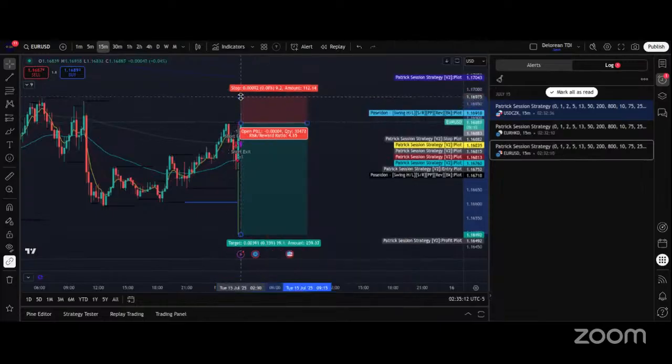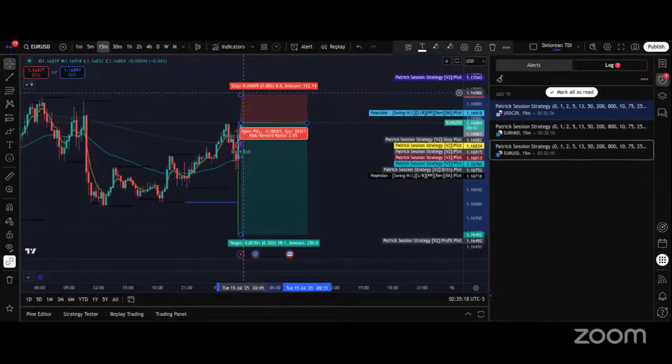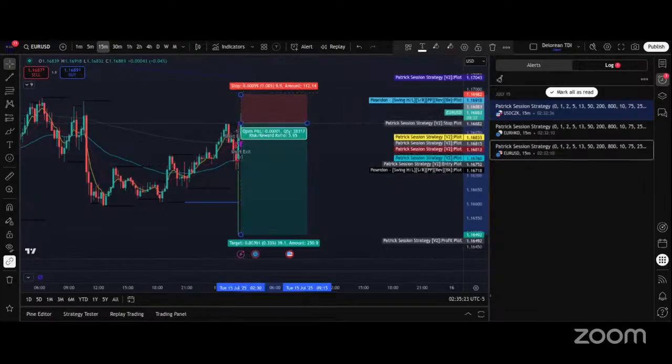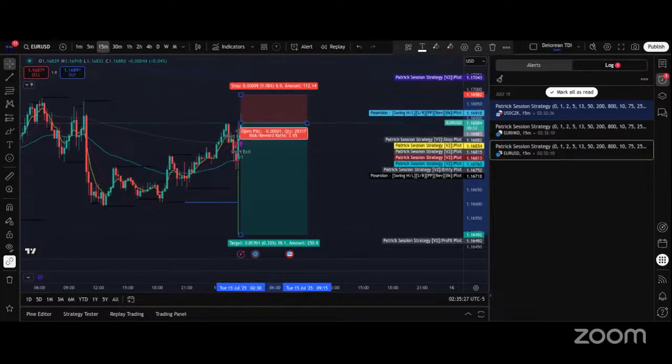I'm going to set some extra room here. Not particularly worried about that one because, hey, a tight stop is a tight stop, especially during the London session. So we hit stop loss on that one. We're going to recall.